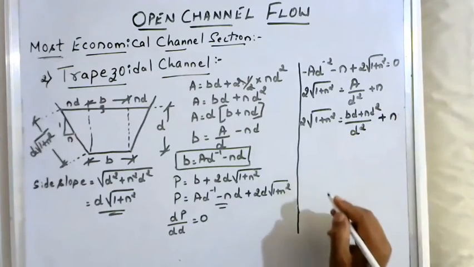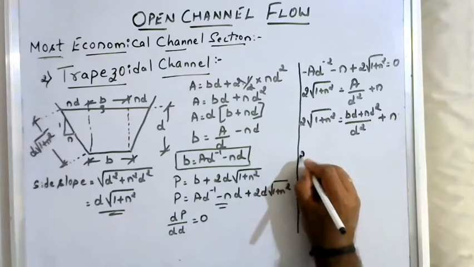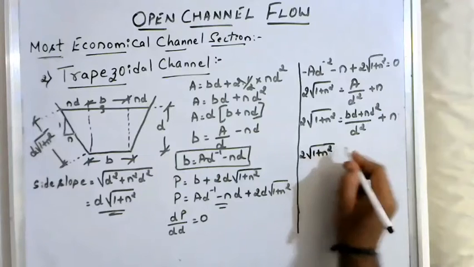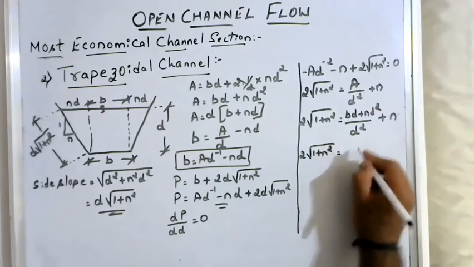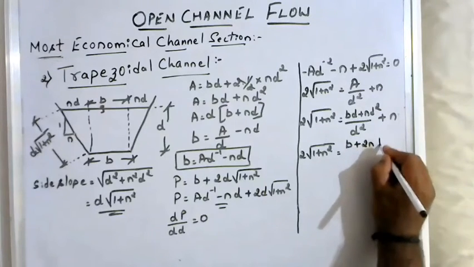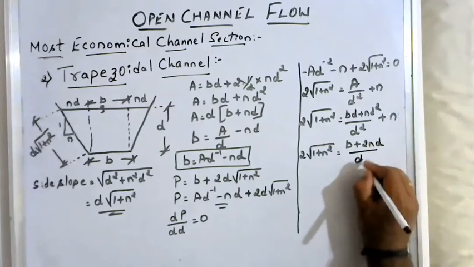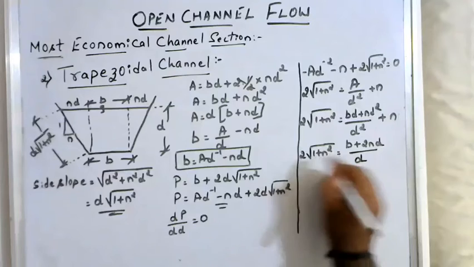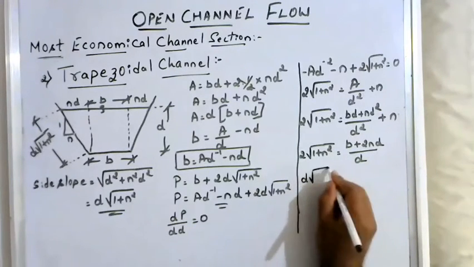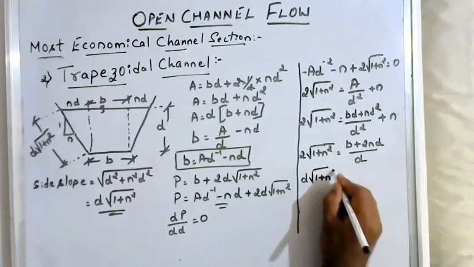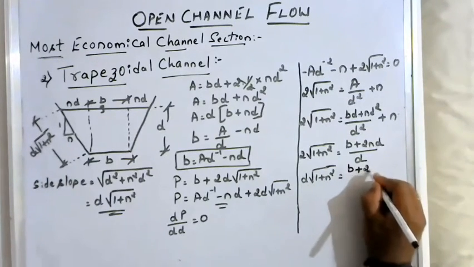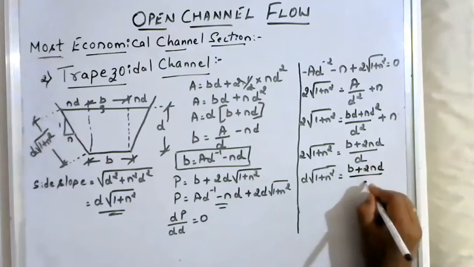You take the LCM and simplify, and you will get 2 root of 1 plus n square equal to b plus 2nd divided by d. I take d to this side and 2 to the other side, and it becomes d root of 1 plus n square is equal to b plus 2nd divided by 2.